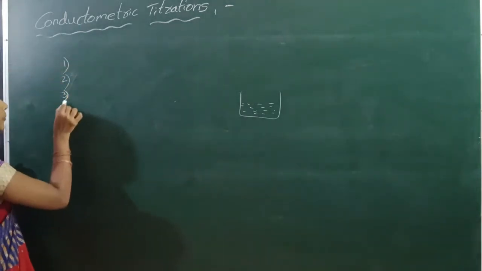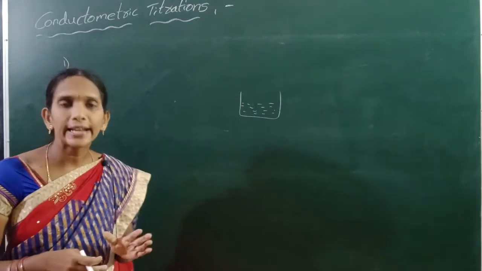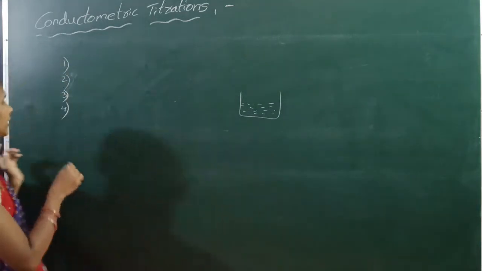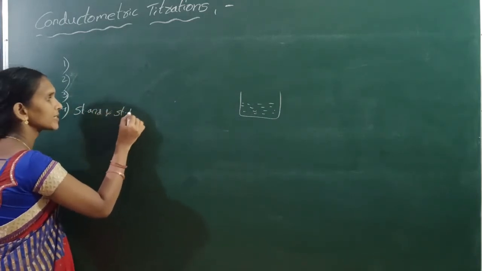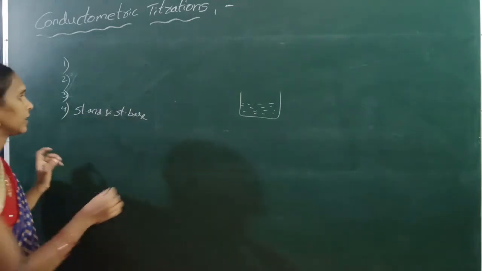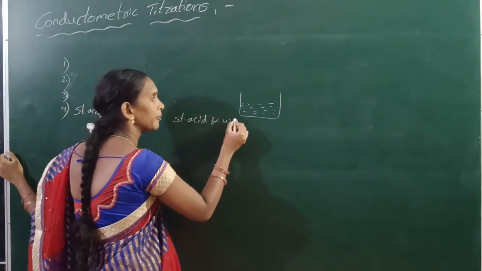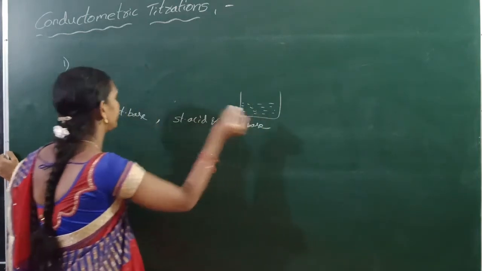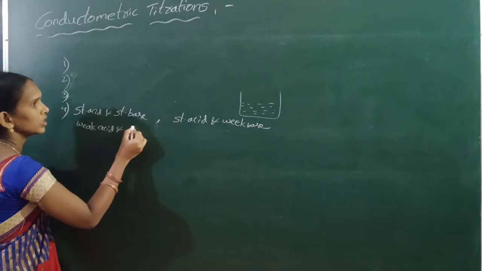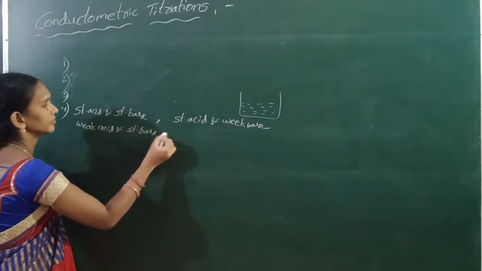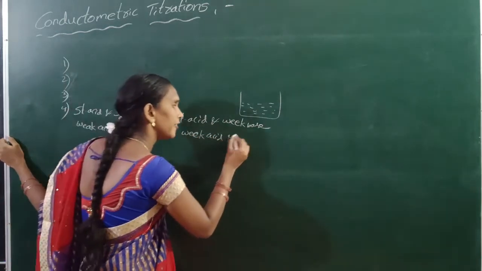The fourth point is by using these titrations, we can determine the end point between strong acid and strong base, strong acid and weak base, weak acid and strong base, and weak acid and weak base.